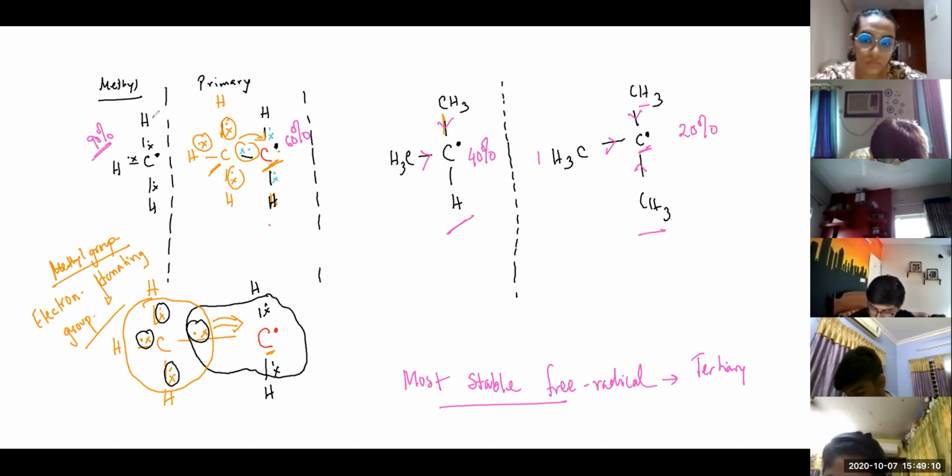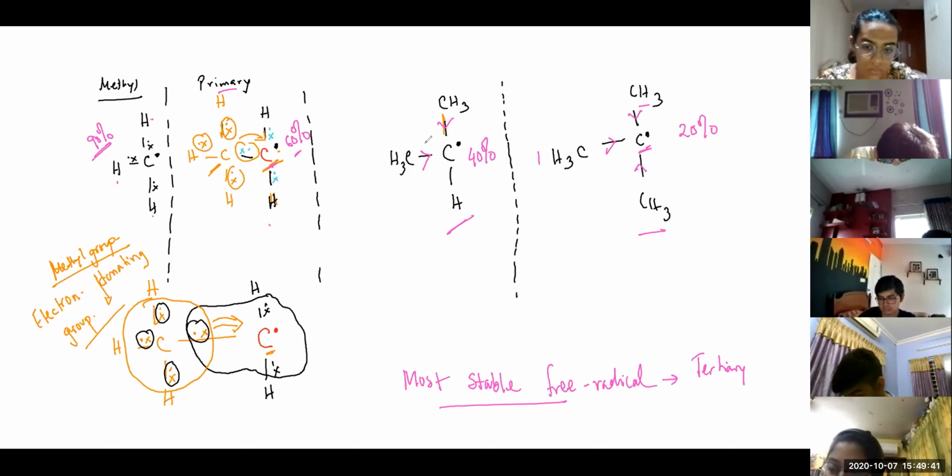Because it does not have any electron donating group. Therefore primary is less hungry than methyl group. Why? Because it has one electron donating group which donates electron to the free radical carbon, decreasing its hunger for electron. Therefore next is secondary.